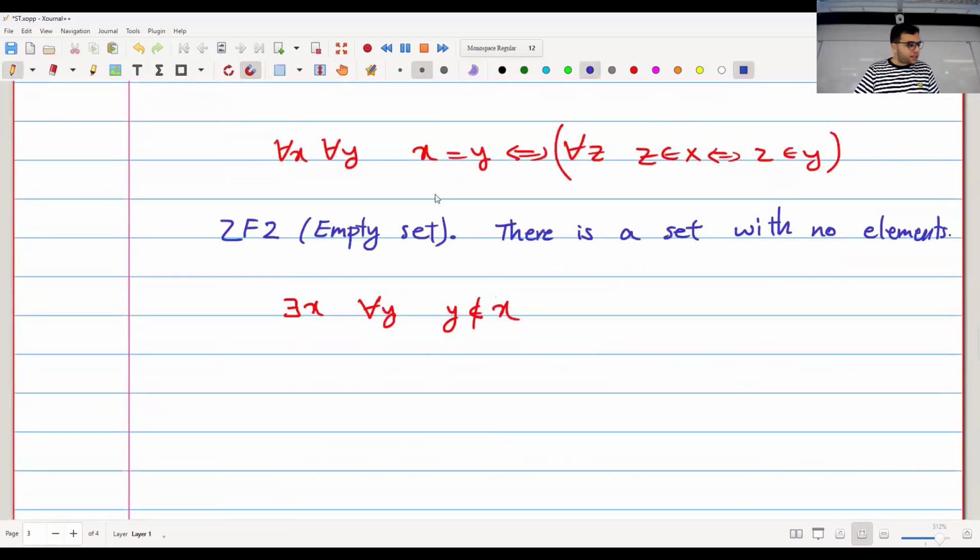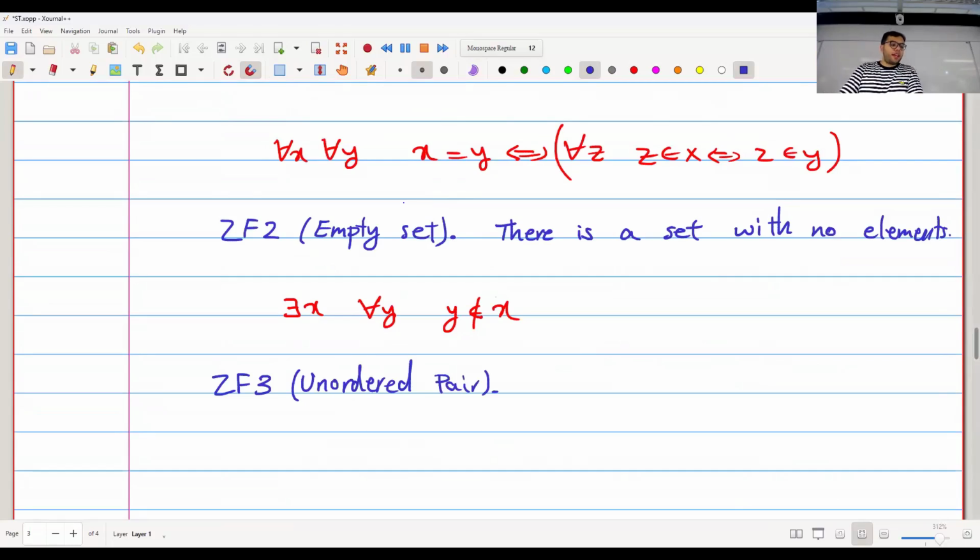We're going to see the third axiom, which is very simple. It's called the axiom of unordered pairs. ZF3, unordered pair. Basically, this is what it says.